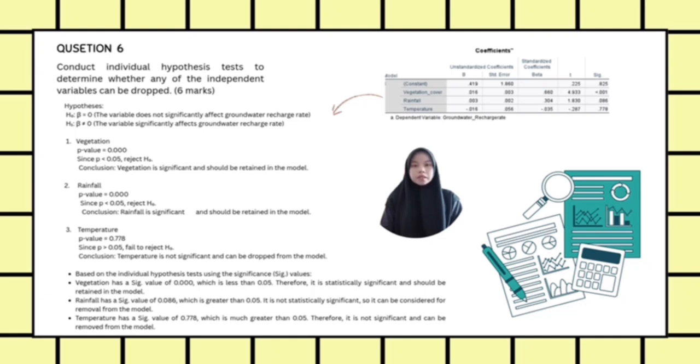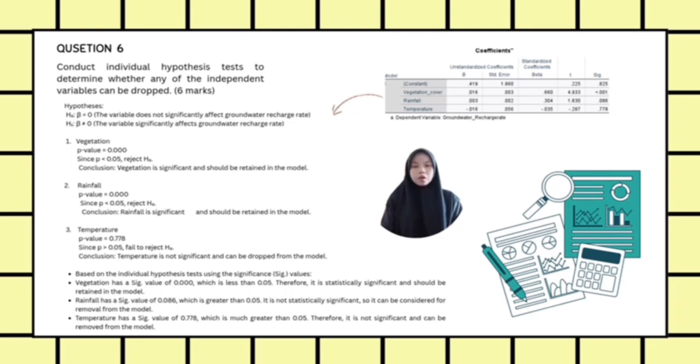So before we begin, let's start the hypothesis test. The null hypothesis states that the variable does not significantly affect the groundwater recharge rate. The alternative hypothesis states that the variable does significantly affect the groundwater recharge rate.